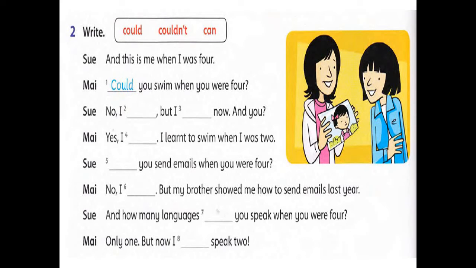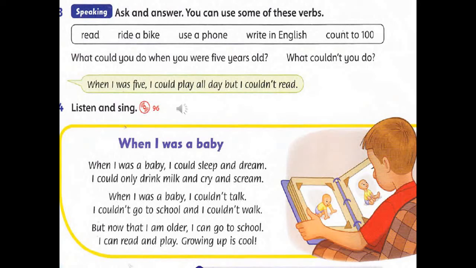This is the exercise like I told you before. Next, here we move to part 3, the speaking part. Ask and answer. You can use some of these verbs: read, ride a bike, use the phone, write in English, or count to 100. What could you do when you were 5 years old? And then what couldn't you do? For example, when I was 5, I could play all day, but I couldn't read.